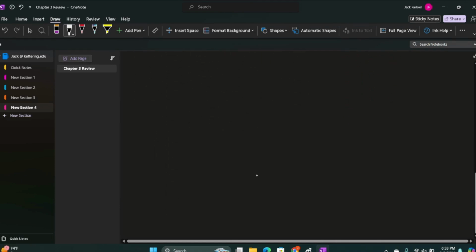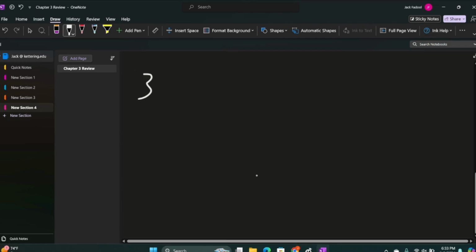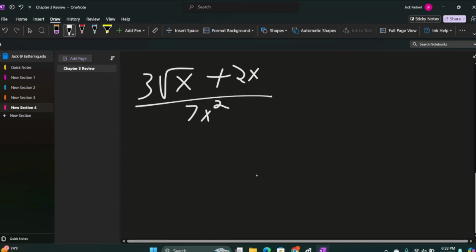Alright, number 3. 3 times the square root of x plus 2x, all over 7x squared. So this one we will have product and quotient rule.